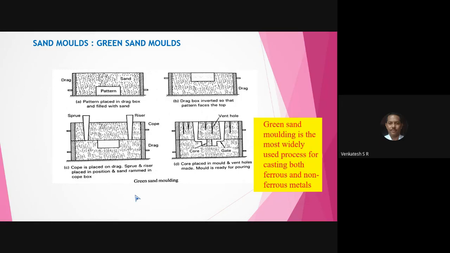And the important thing is that skill and experience are not required, because anybody, an ordinary operator or ordinary worker, can work on the sand molds. All of you come to this. See the green sand molds, underline that, write down green sand molds.